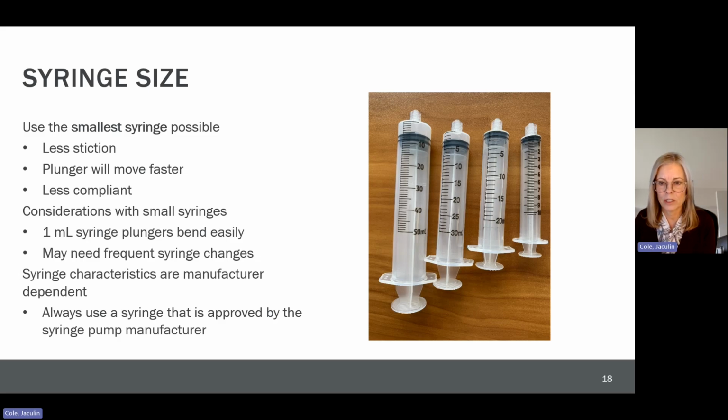So 1 milliliter syringes can be a bit of a challenge, but you have to balance that against how frequently you decide that syringes should be changed over. When you change over a syringe, it can introduce the risk of infection each time that system is opened to change that syringe. And you will have to be ready to mitigate any startup delays each time a syringe is changed over. There will be more to come on these concepts with the next webinar. And again, just to reiterate, always use a syringe that is approved by the syringe pump manufacturer.